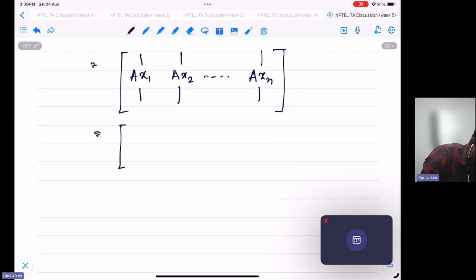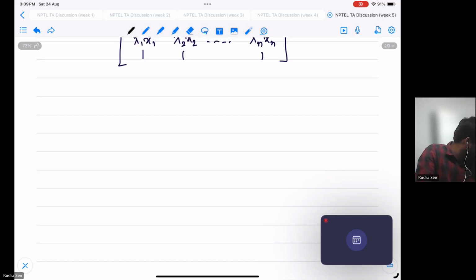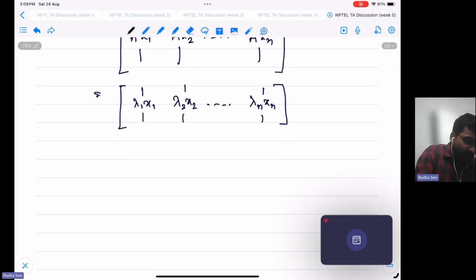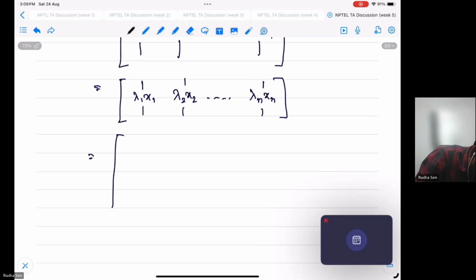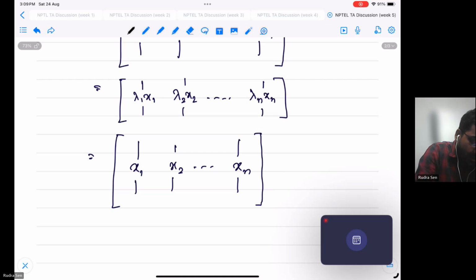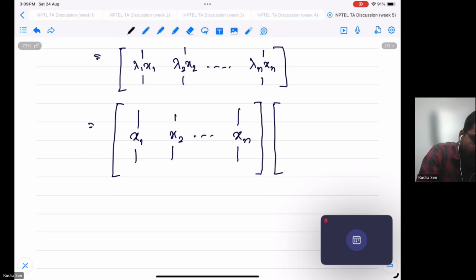What we get is lambda1 x1, lambda2 x2, up to lambda n xn, all vectors. Now we can write this term as the matrix x1, x2, up to xn multiplied with the diagonal matrix lambda1, lambda2, up to lambda n.